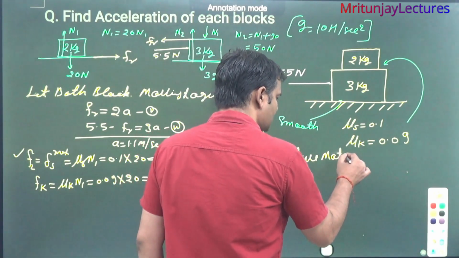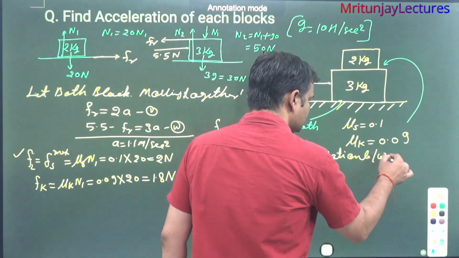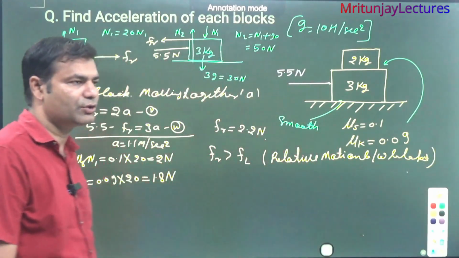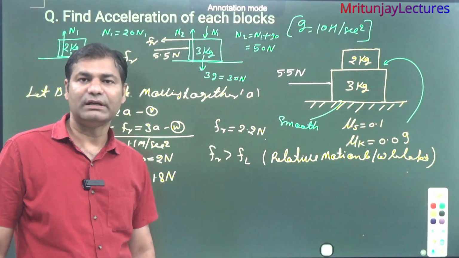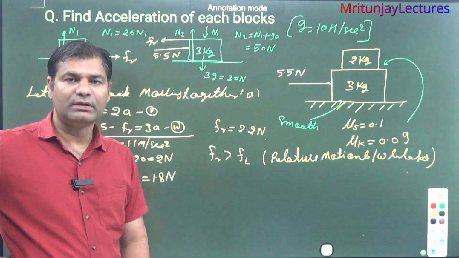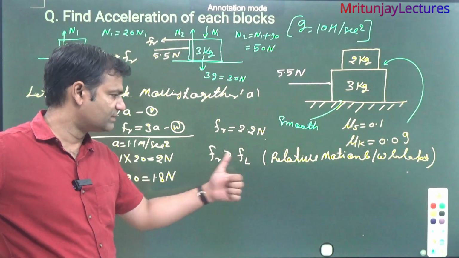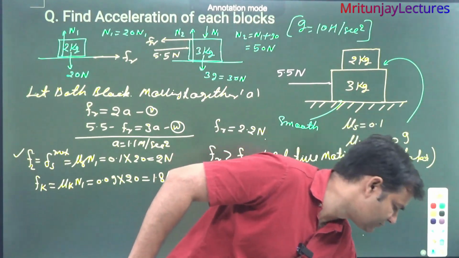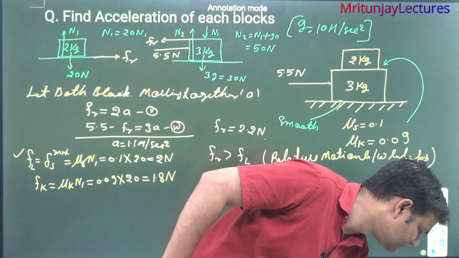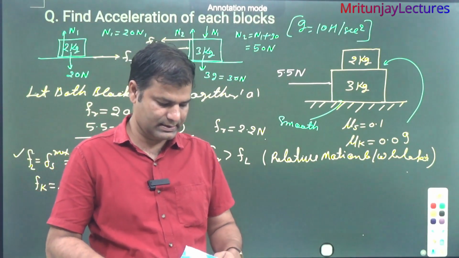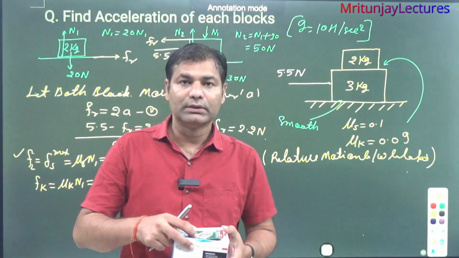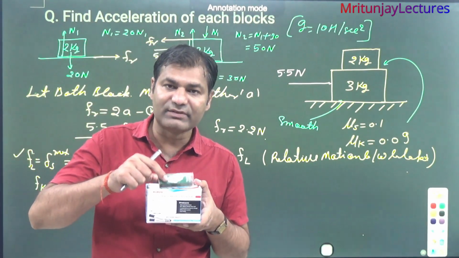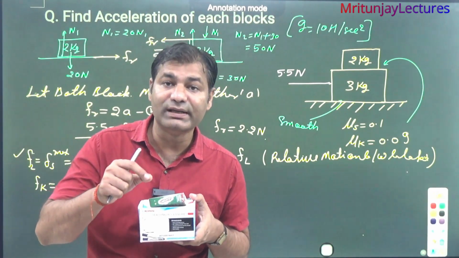Relative motion between the two blocks, because Fr is greater than limiting friction. The requirement is 2.2, but this surface provides only 2 Newton.